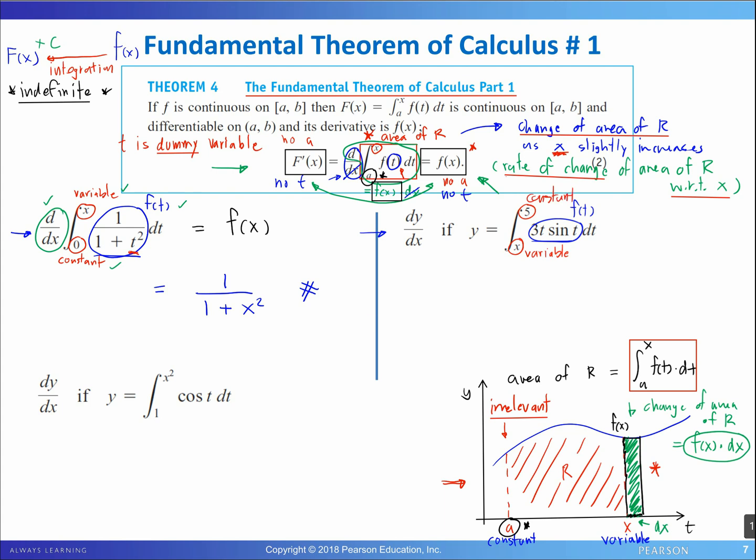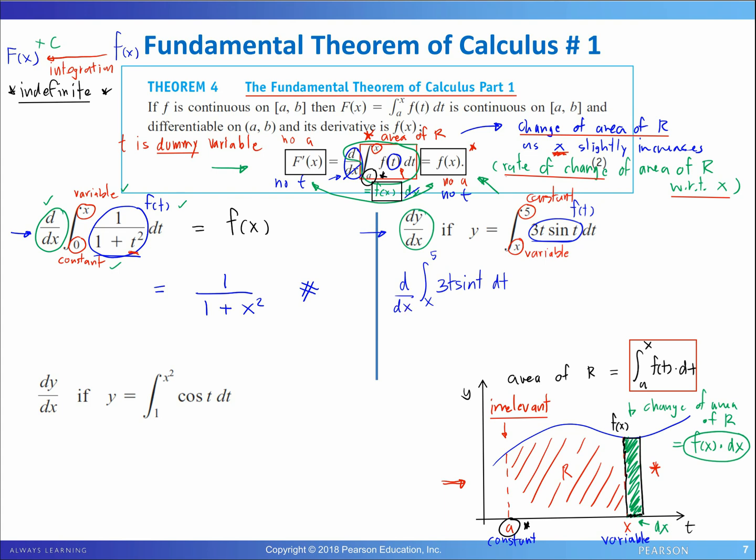And in the end, we are supposed to differentiate this with respect to x. Find the derivative of y with respect to x, which means that we want to find d of this integral, 3t sine t dt from x to 5, differentiated with respect to x.